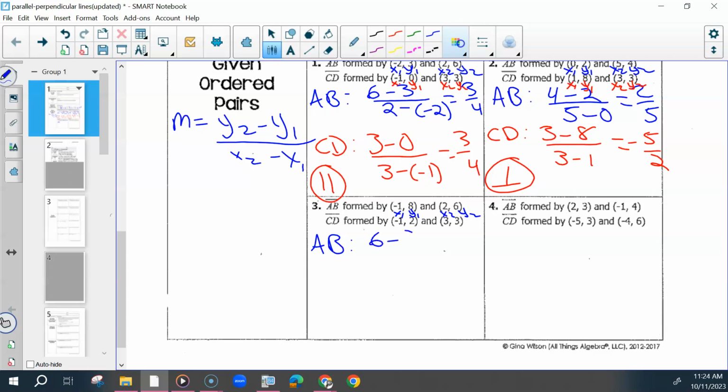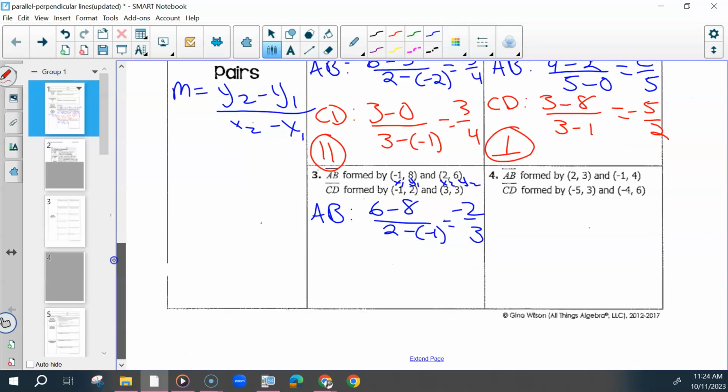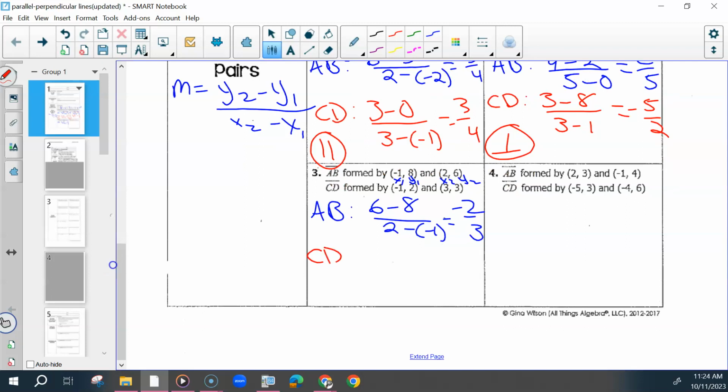We have 6 minus 8 over 2 minus a negative 1. Negative 2 over 3. And then let's do the same thing for CD. We have 3 minus 2 over 3 minus a negative 1.